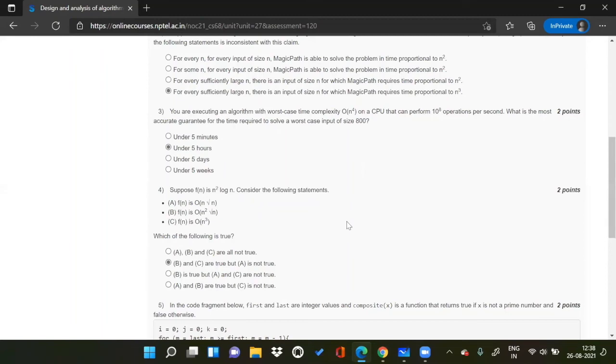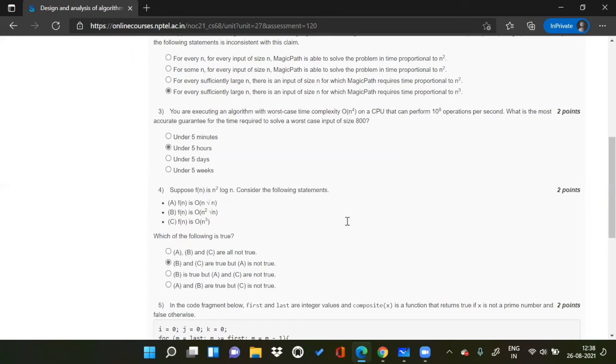Right. Now, the C option is also valid at points where log n is actually equal to n. So there has to be certain n wherein log n is approximately equal to n. So in those cases, f of n can be equal to n cube.